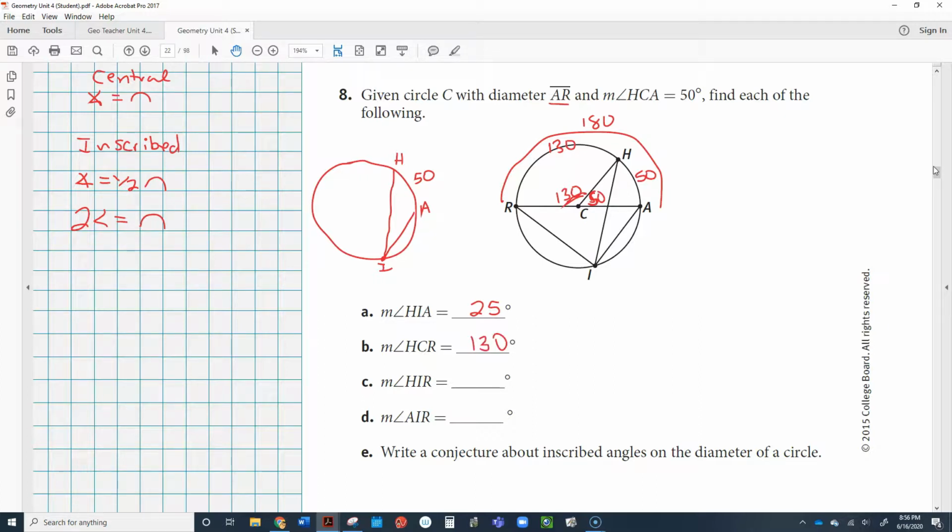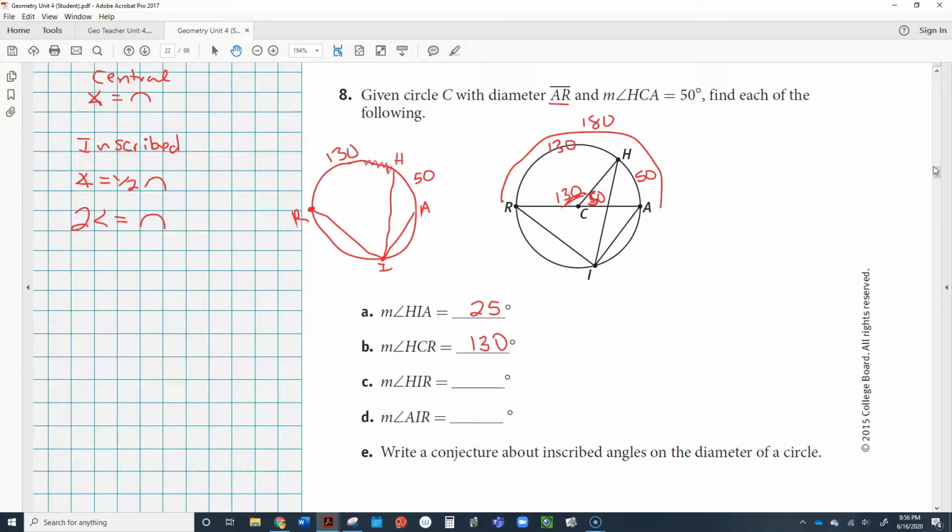The measure of angle HIR. Now, we just found, remember, that HR is 130. That arc is 130.